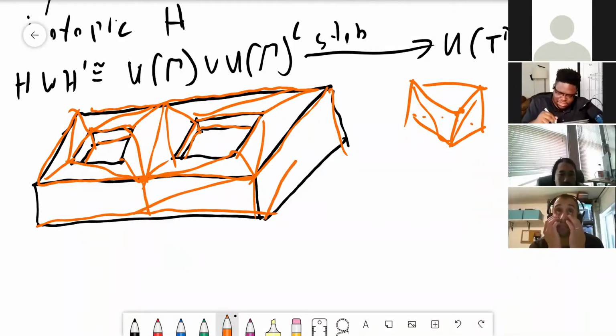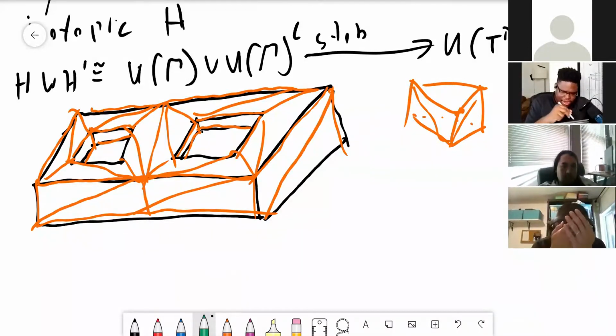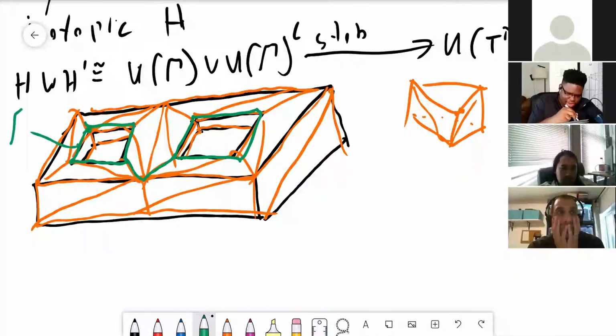So we get something like this. And here you can clearly see that you got something like this right here. It's like gamma right there, right? And you can do this for arbitrary genus. You can do the same pattern arbitrarily high, okay?